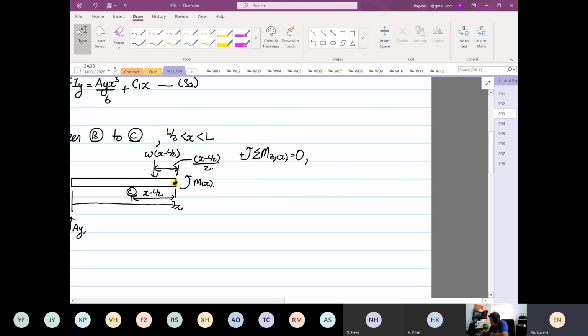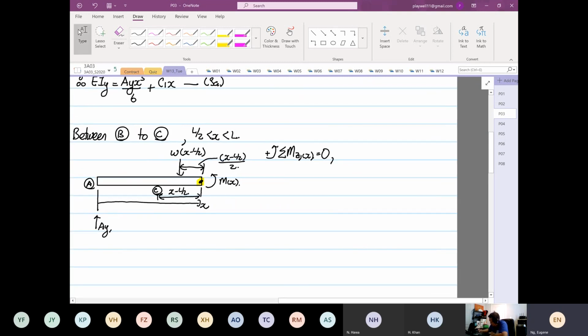So this will be equal to minus Ay x, plus omega times x minus L over 2 squared, then divided by 2, plus M as a function of x. This will be equal to 0. Okay, so this is equation number 4.